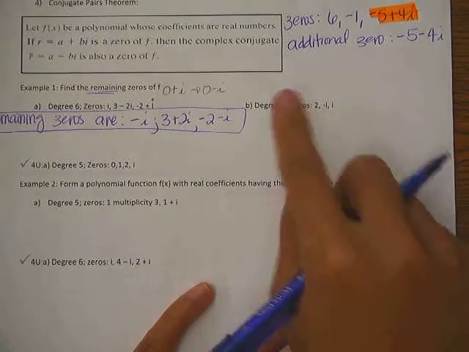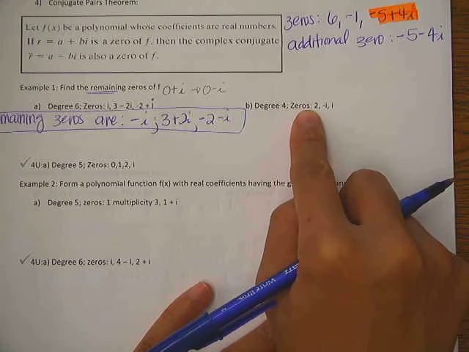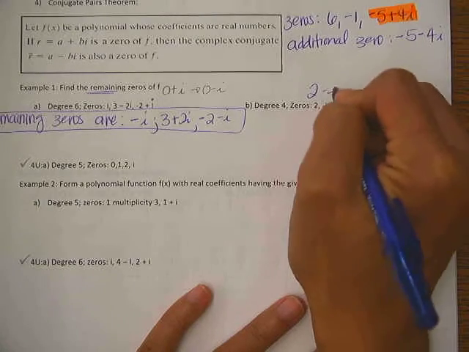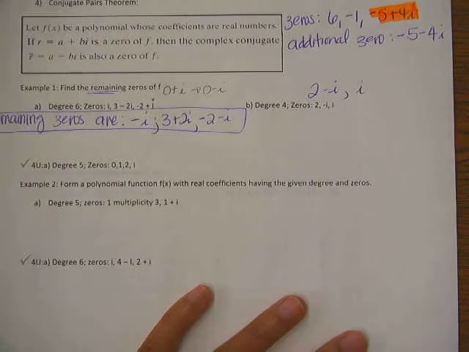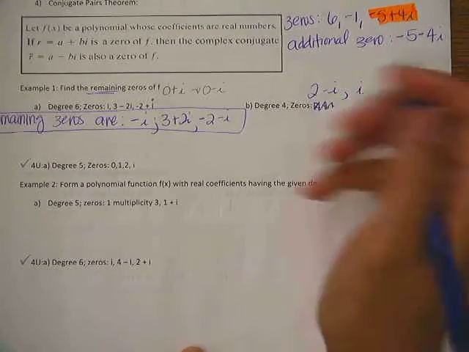This one has a degree of 4. It was supposed to give us 2 minus i, comma, i, like that. So it gave us 2 complex zeros.